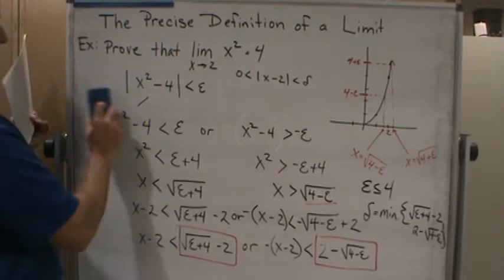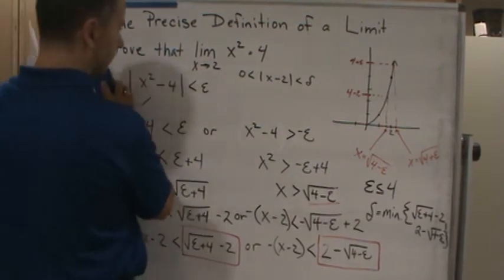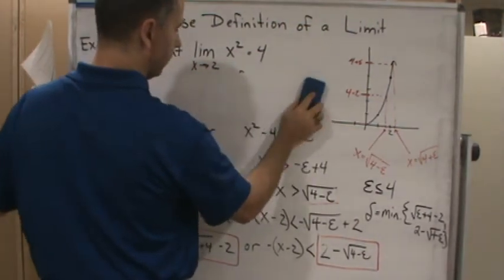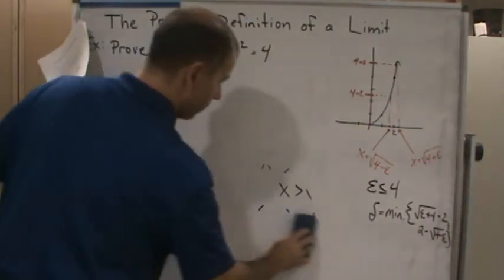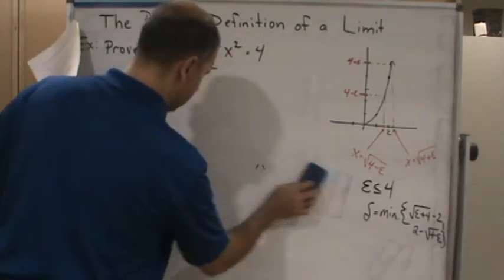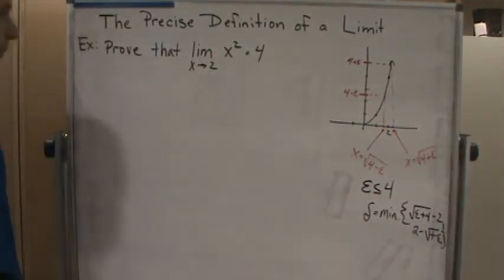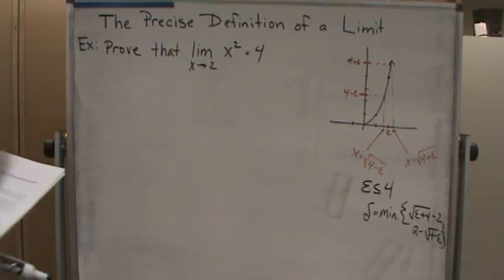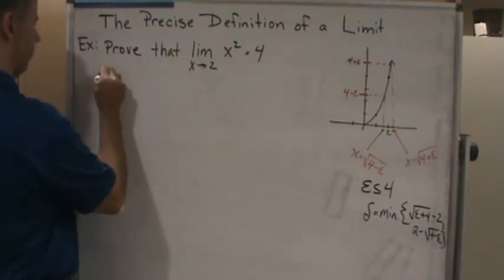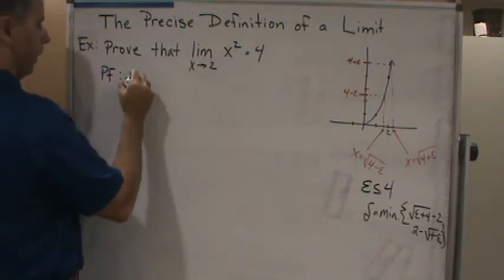Okay, so now let's go back and now put this together. Make sure you're taking notes. Okay, so now that we've got delta, we've got an upper bound on epsilon. Now let's do our proof. Proof.